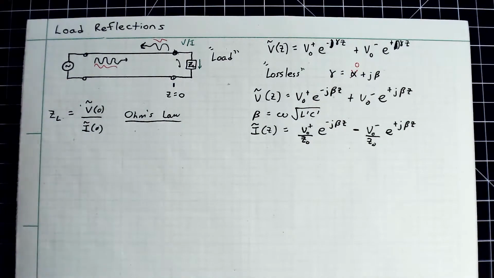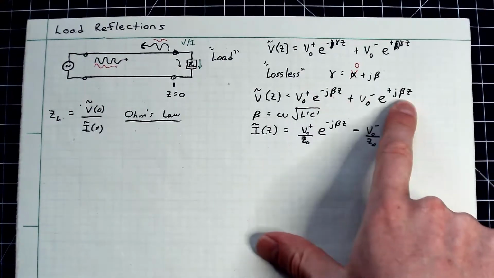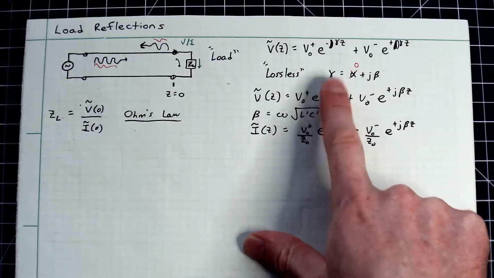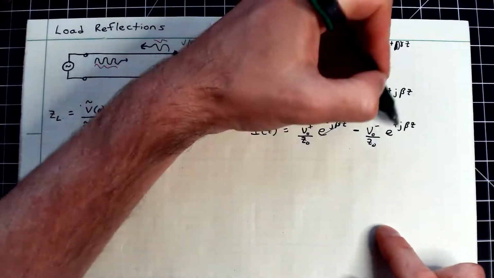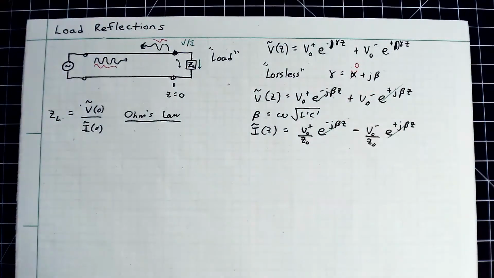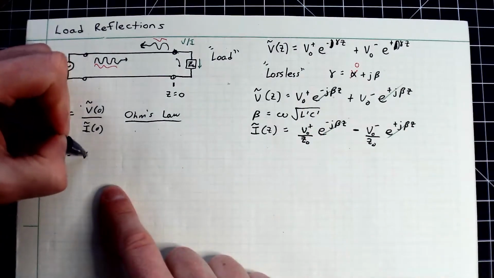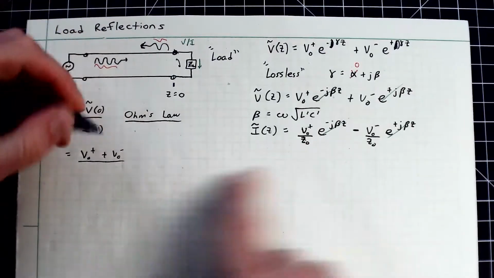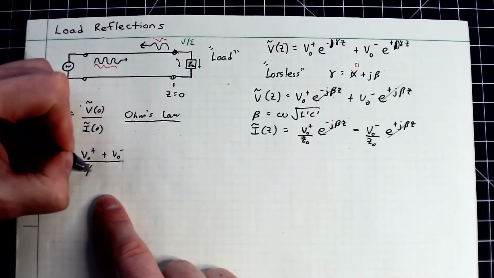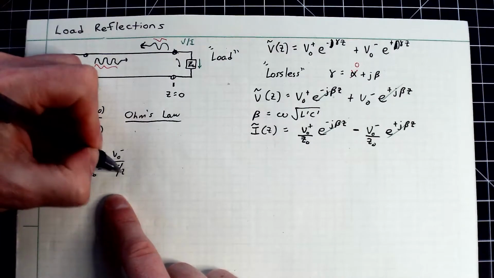So all I'm going to do is plug in 0 for z and see what happens. You look here, I've got e to the j beta z with a plus and a minus. Well, if I put in a 0 there, these exponential terms all go away. They go to 1, 1, 1, 1, and I'm just left with these little terms. So what I'm going to get is the following: V naught plus plus V naught minus, divided by V naught plus over Z naught minus V naught minus over Z naught.